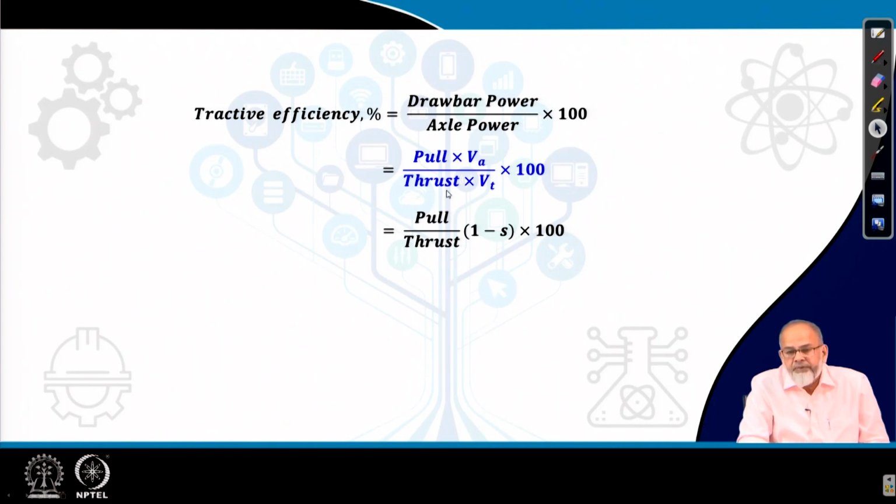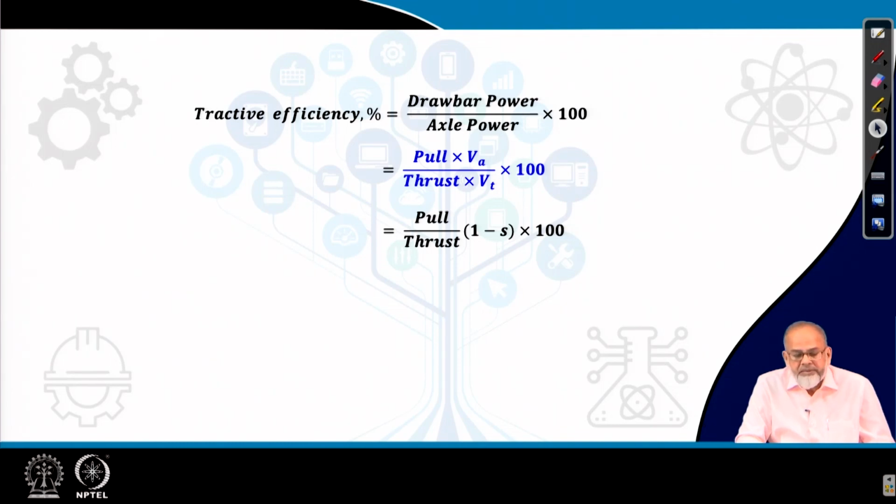Thrust means the force which is developed because of the interaction of the wheel with soil. When you give power to the axle of the wheel and the wheel tries to move forward, it will interact with soil. As a result, a thrust force will be developed at the contact patch of wheel and soil.